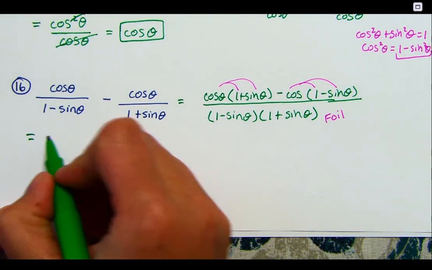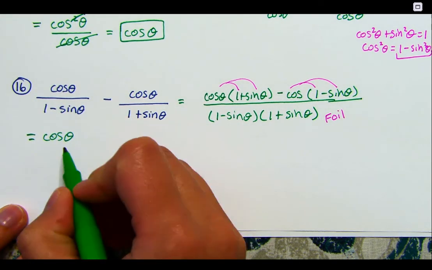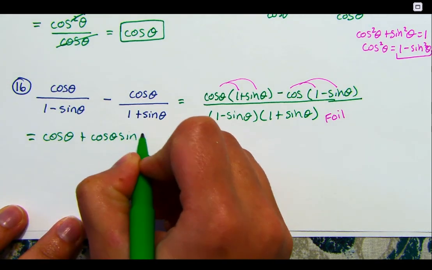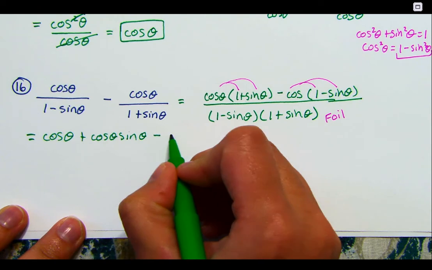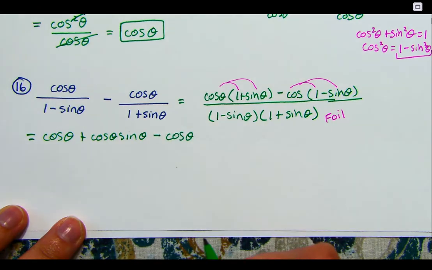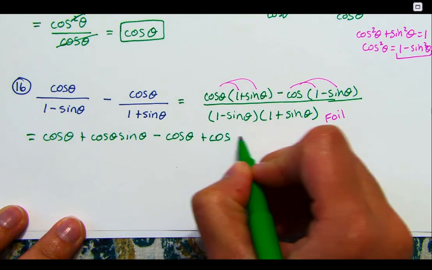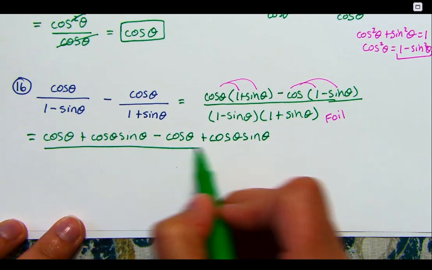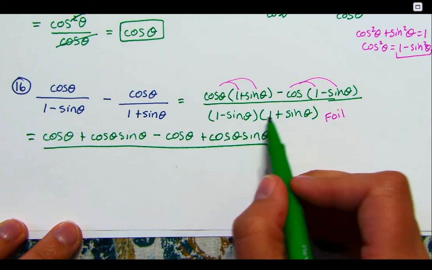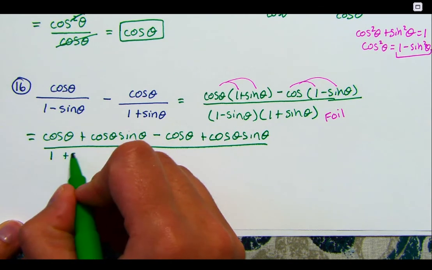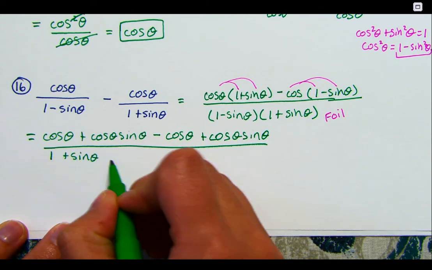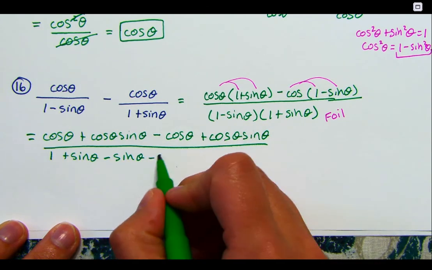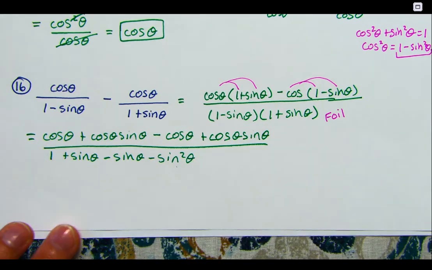So that is going to give us cosine theta plus cosine theta sine theta minus cosine theta plus cosine theta sine theta, all over, and then I'm foiling this, so that will be 1, and then plus sine theta, minus sine theta, and then minus sine squared theta.